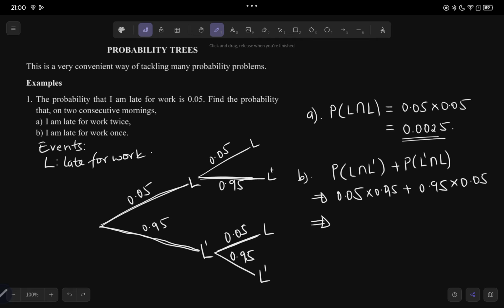This whole thing gives us an answer of 0.095. You can see how tree diagrams have been able to simplify our work very well.